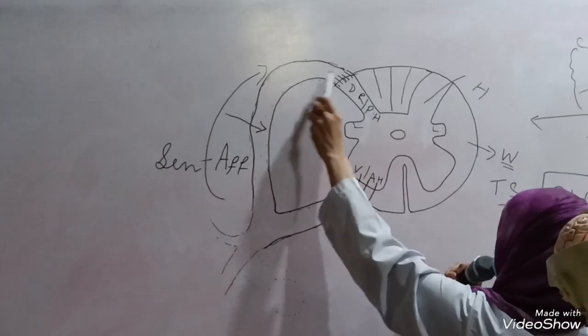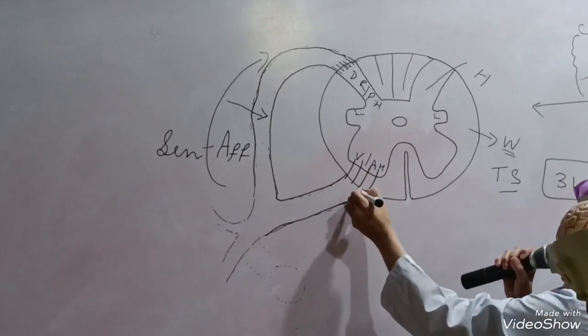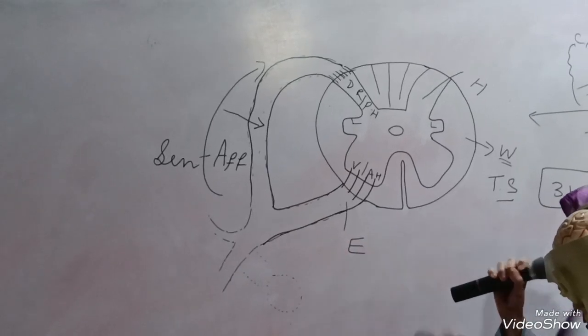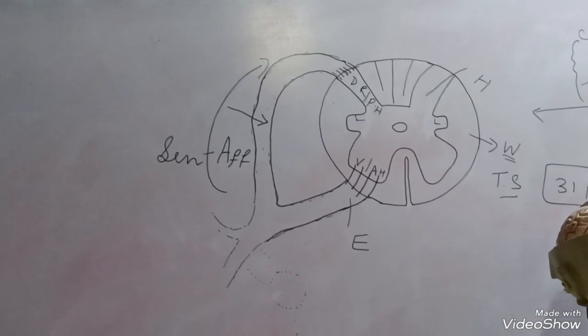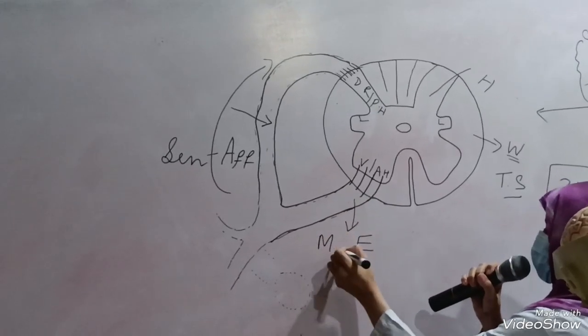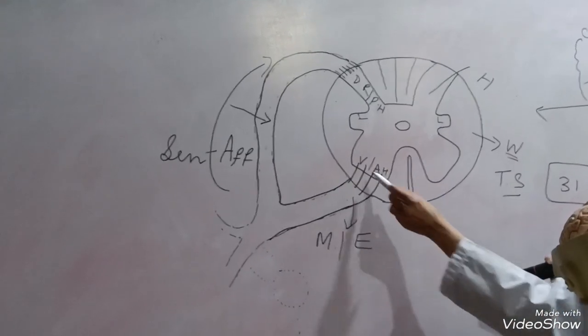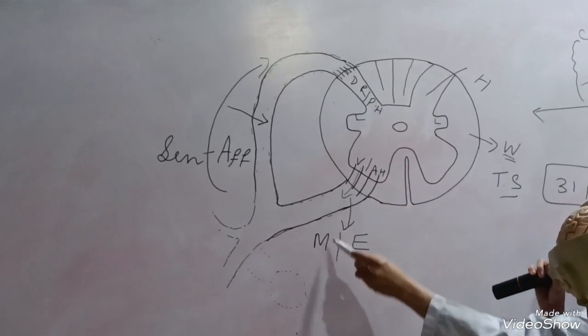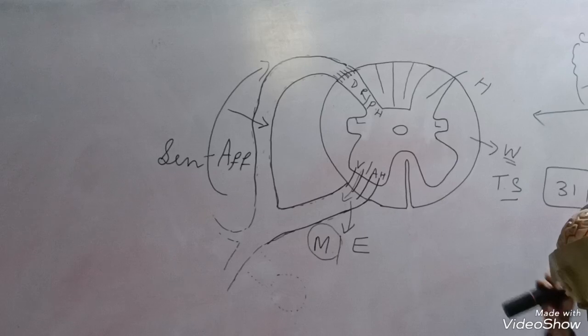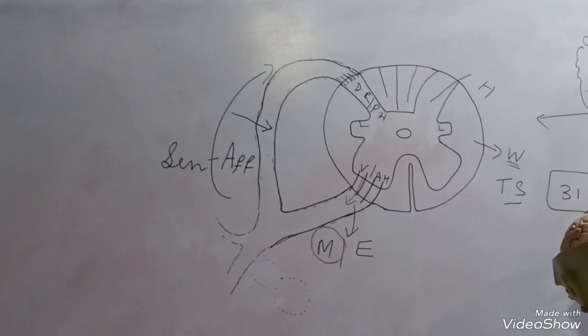Only the sensory information. Now, what happens with the ventral root? It comes as an efferent root, right? So this has motor sensations in it. We can easily say that this ventral root consists of only motor information.